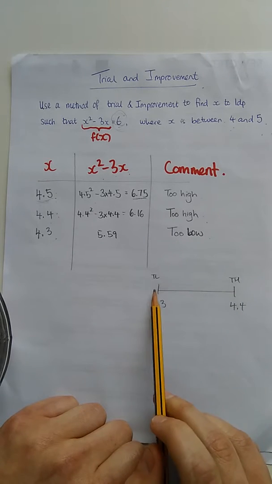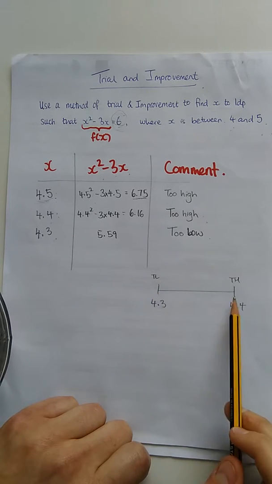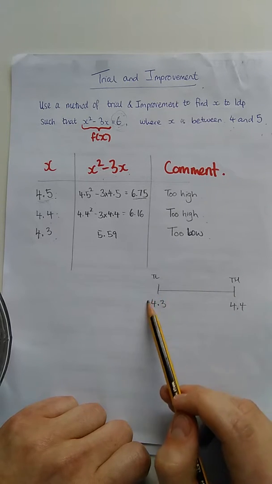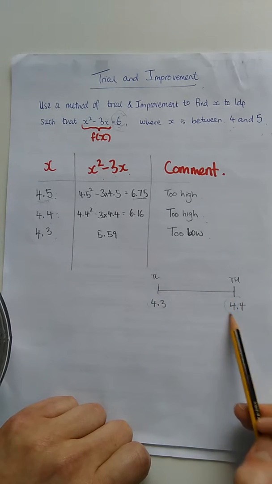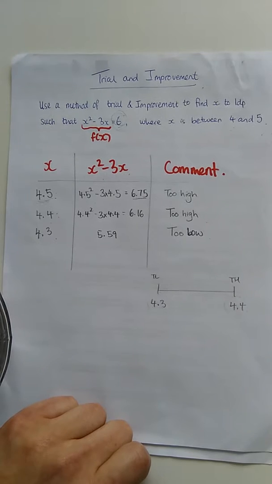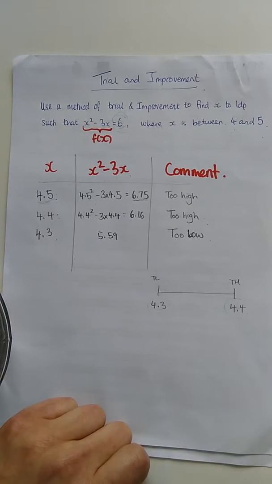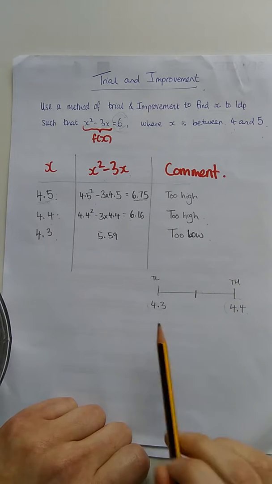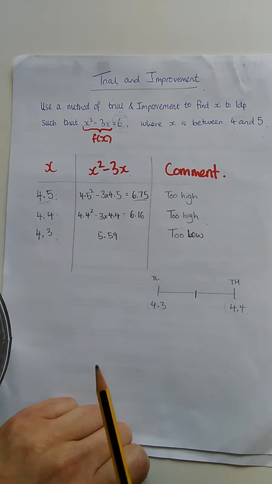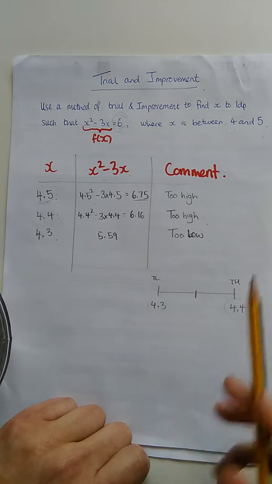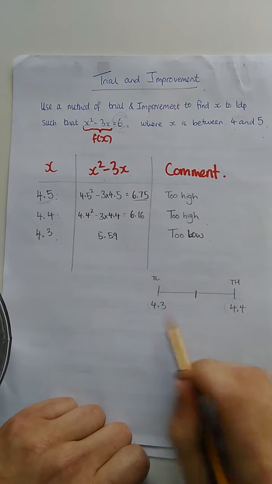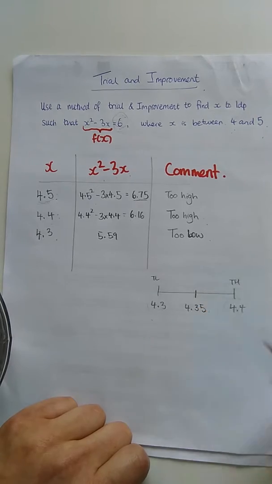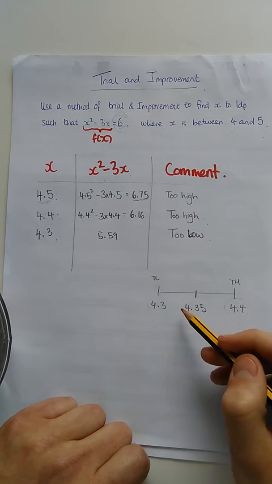So I know that my true value of x is going to lie somewhere in between here. So to one decimal place, it's either going to be 4.3 or 4.4. So to decide which one, I am going to choose the halfway mark and sub that into my equation. So halfway between 4.3 and 4.4 is 4.35. So that's what I'm going to choose for x.